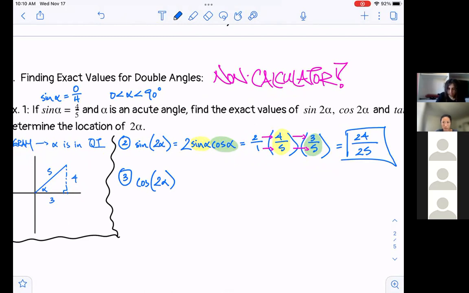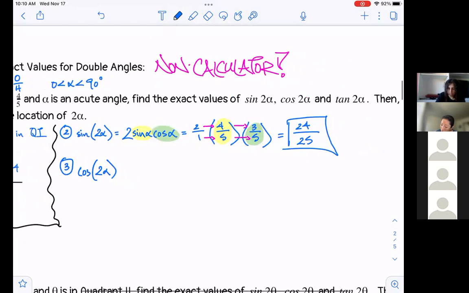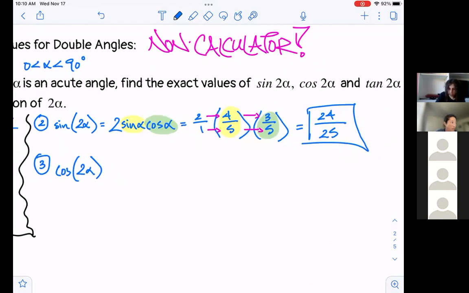That makes sense. Okay, so we're going to write all 3 out, but let's see which one becomes the easiest to calculate. So we have cosine squared alpha minus sine squared alpha. We also have 1 minus 2 sine squared alpha. We also have 2 cosine squared alpha minus 1. Right, those are my 3 options.